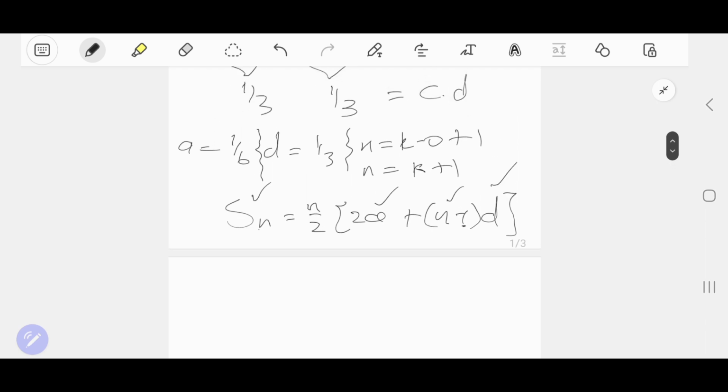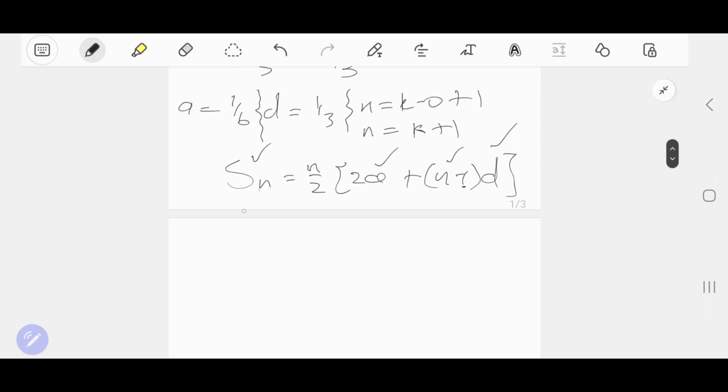So let's go on now. Sn we are given, remember, as 121 over 6, and then n we are given here as what? I also made a mistake, because when I was substituting, I substituted k minus 1, but it's plus, so I made a mistake there too.